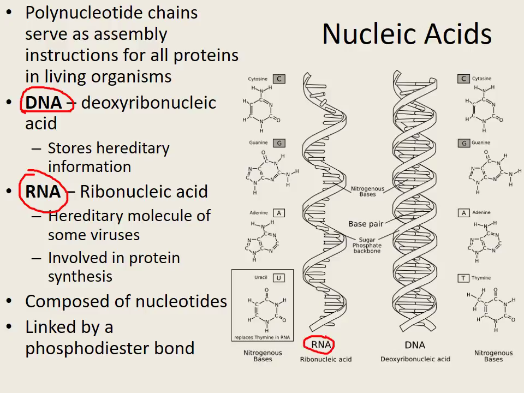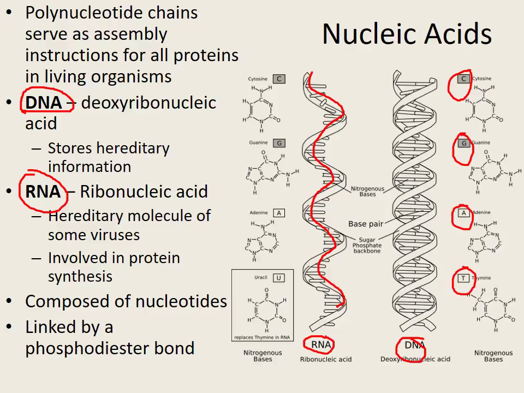Single-stranded molecule. DNA is double-stranded. Notice the 2 strands connected together. Remember that. Another difference is the nitrogenous bases that make up DNA and RNA. Take a look here. C, G, A, and T make up DNA.